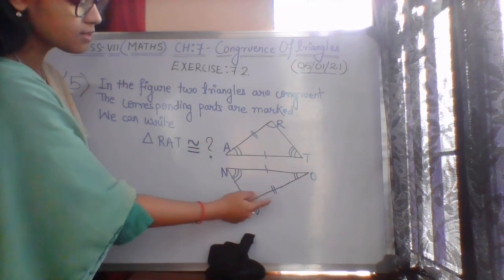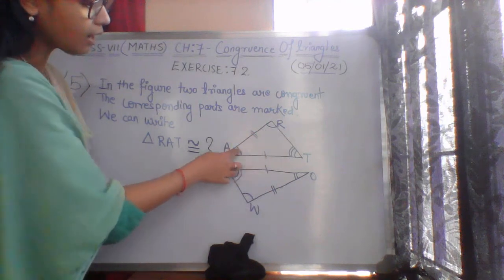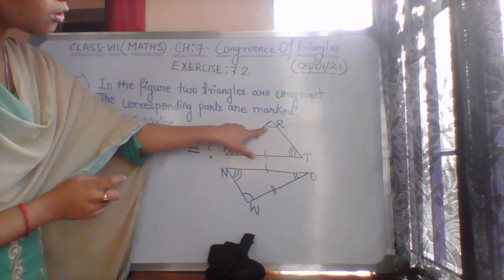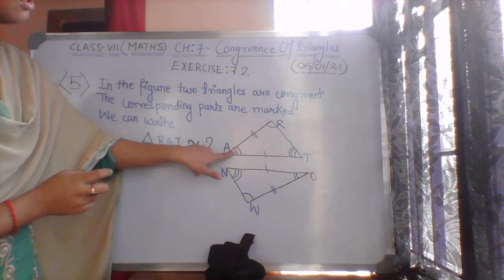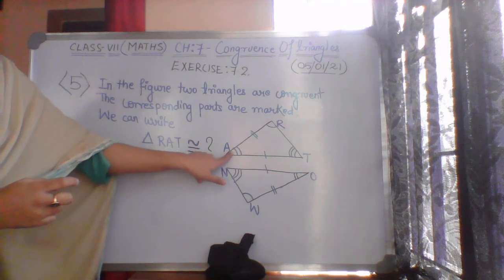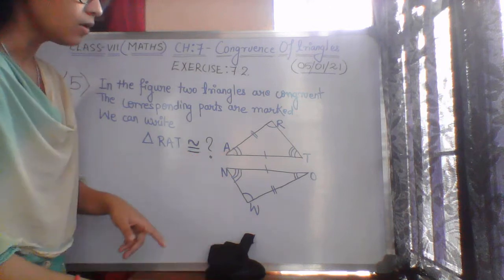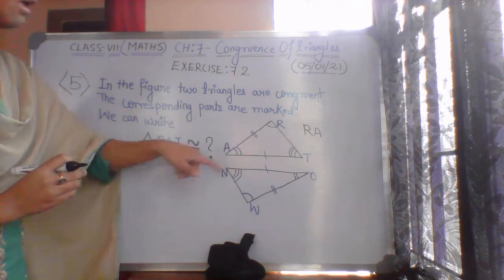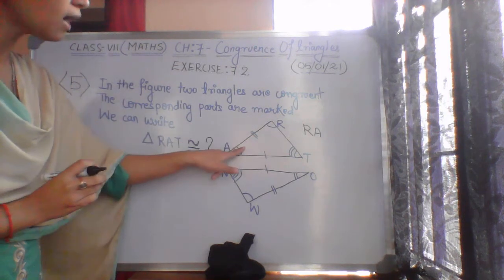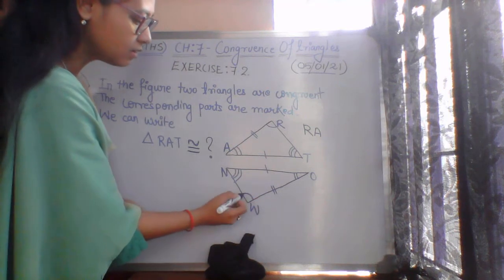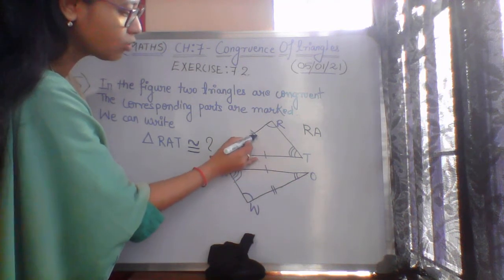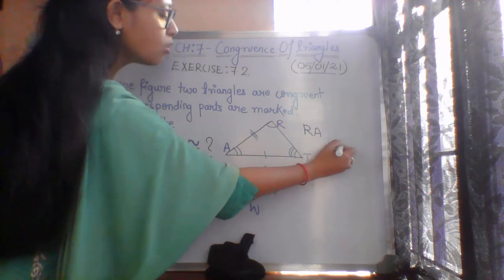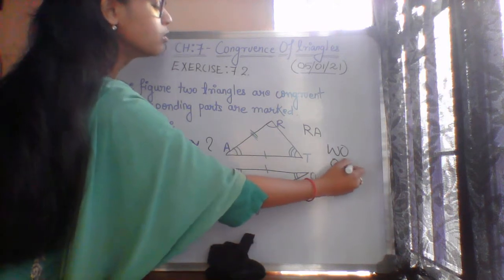So I have to see where the double line notation is here. You can write WO, and you can write OW also.